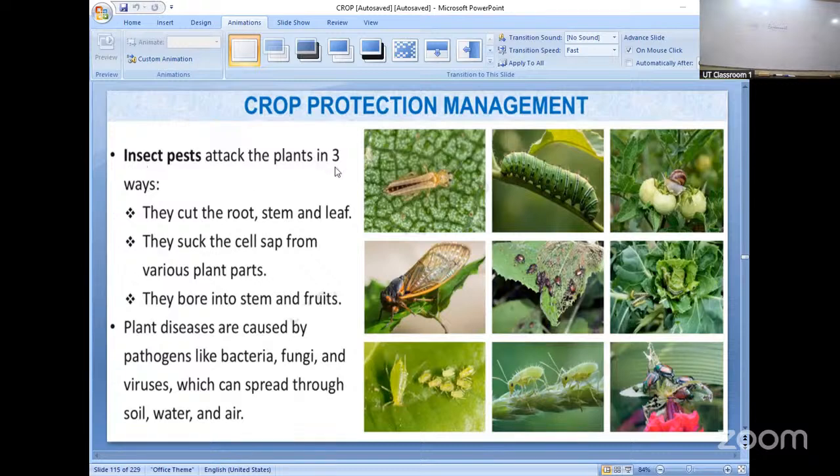Apart from the weeds, insect pests destroy the crops. Pests may cut the root, stem, leaf, or suck the cell sap. And plants should be protected from diseases: bacterial, fungal, and viral diseases.